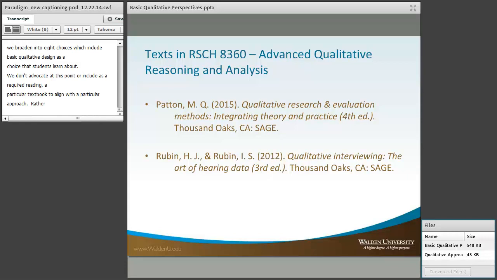Rather, we expose students using both articles and citations from texts of ethnography, narrative analysis, phenomenological studies, etc., to educate them that once they make a choice, regardless of what that choice is, basic qualitative design or any one of the other approaches, they have to become subject matter experts in the method as well as subject matter experts in the content of their dissertation.